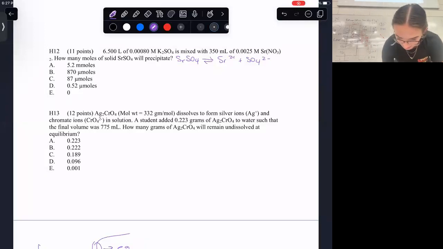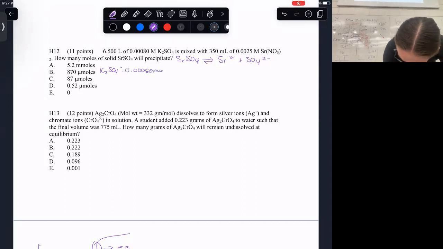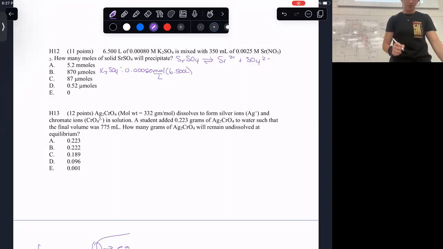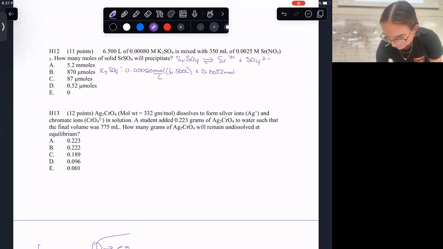So if we're looking at K2SO4, we have 0.00080 moles per liter times 6.5 liters. This gets us to 0.0052 moles of K2SO4.